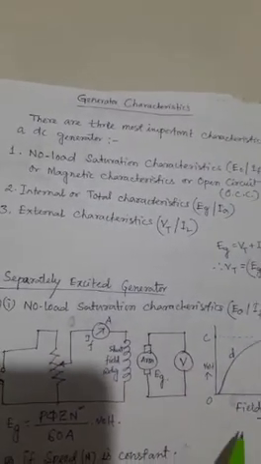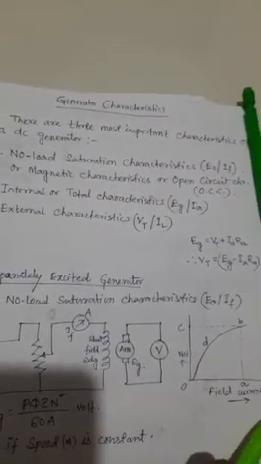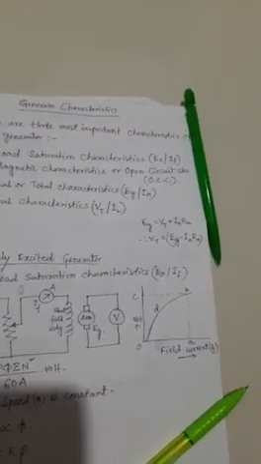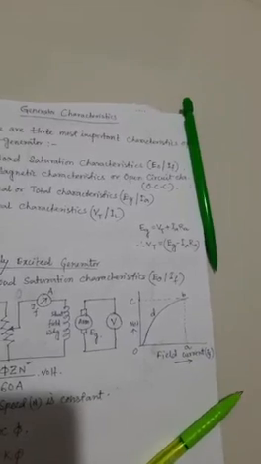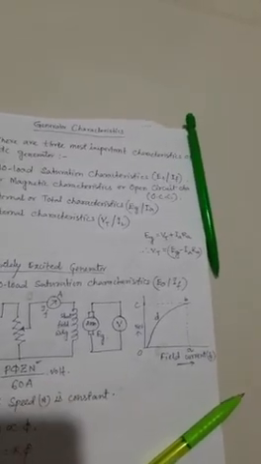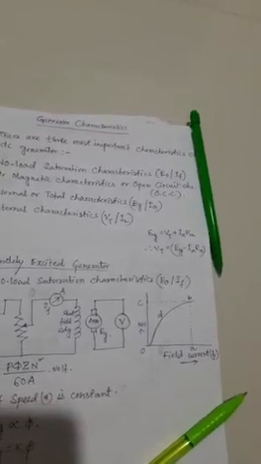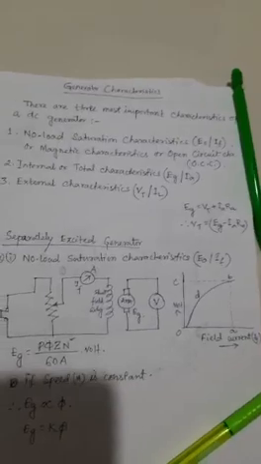It is also known as magnetic characteristics or open circuit characteristics. It shows the relation between the no load generated EMF in the armature, E naught, and the field current IF.